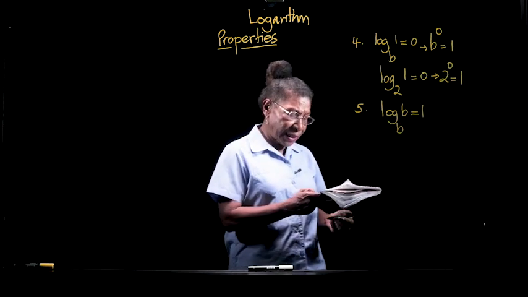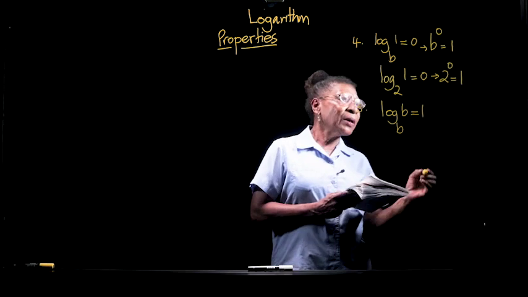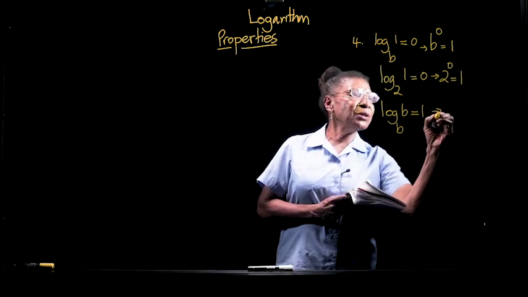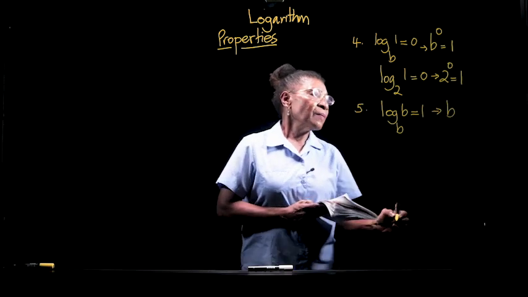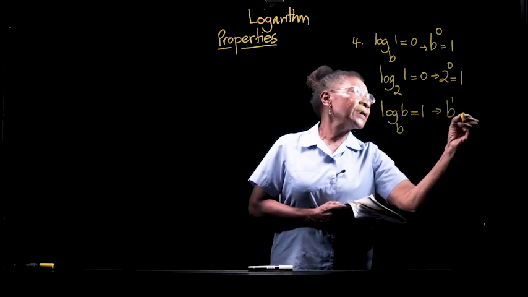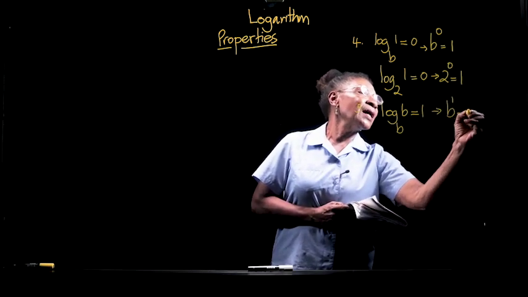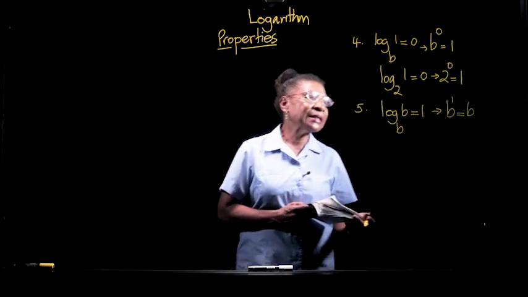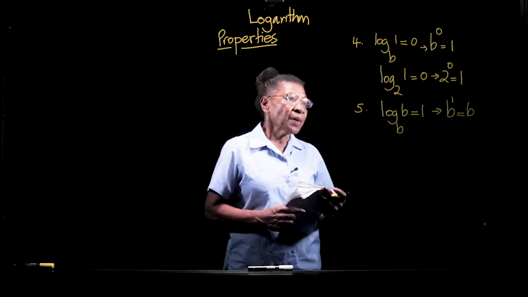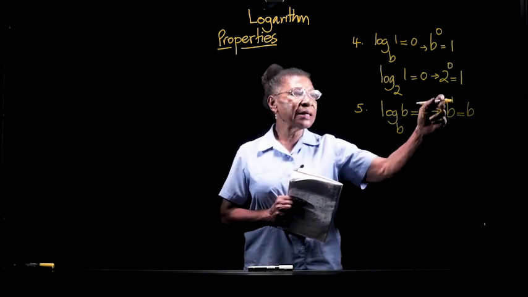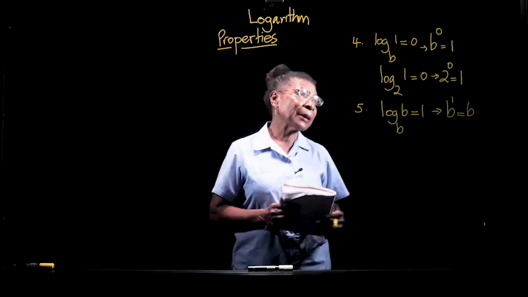If we wish to understand it better, the base is b, the power is 1, and the value is b. That simply tells us that any number at all in the counting system that is raised to the power of 1 is always equal to that number.